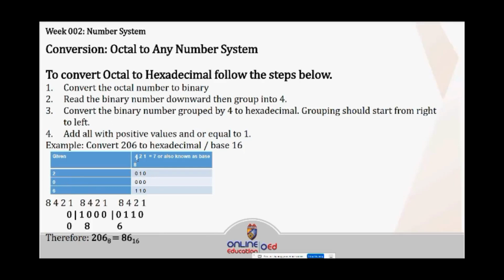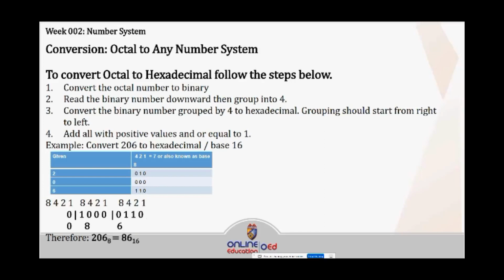For 6, you just have to make 4 and 2 to be true, and 1 is 0. Now the next step is you have to write it down: 0, 1, 0, 0, 1, 0. This is the first group. Next is 3 zeros, 1, 2, 3, and then followed by 1, 1, 0. That's how it works.